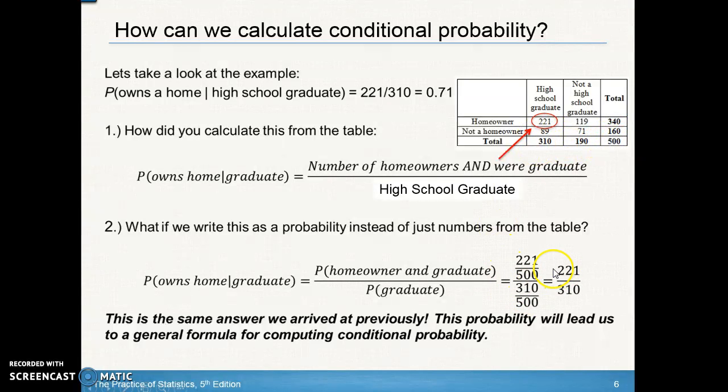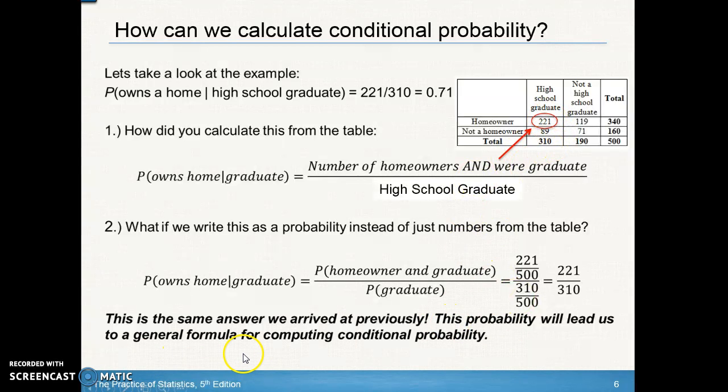Now if we rearrange these, do our keep, change, flip from when you learned multiplication of fractions, these 500s cancel out and you get 221 out of 310, which is the same answer we arrived at. We just use the probability statements here instead of the straight up numbers.